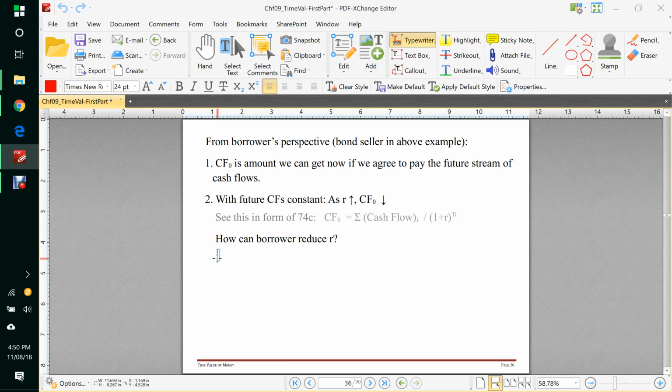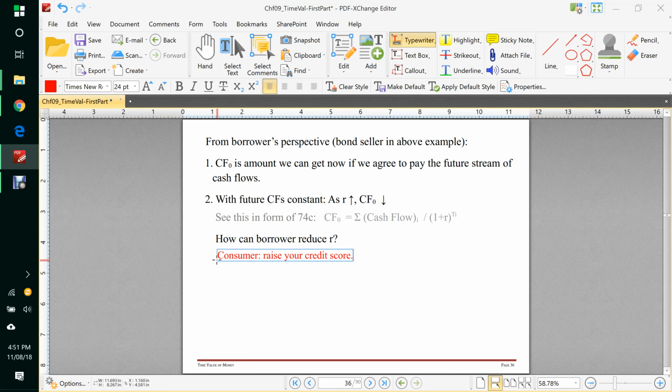The best possible thing you can do as a consumer is raise your credit score. All consumer loans are keyed more than anything else to your credit score. Of course, if you're an undergraduate in college right now, you don't have a credit score.